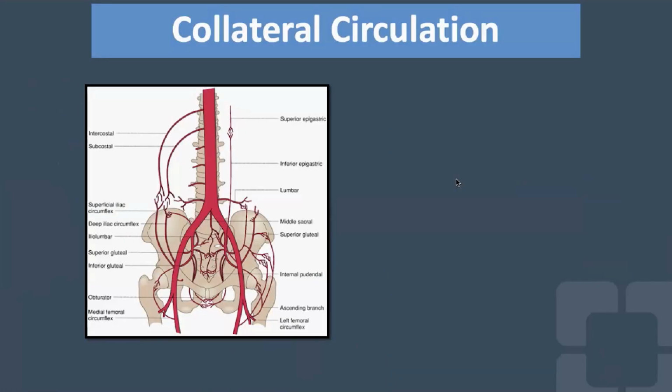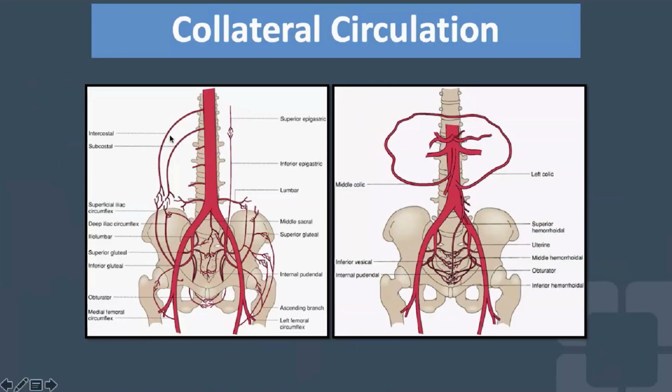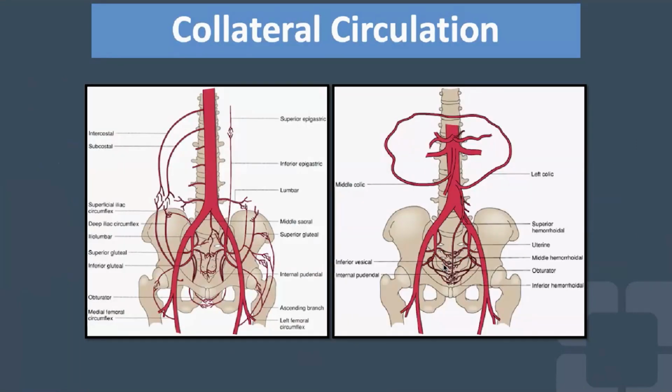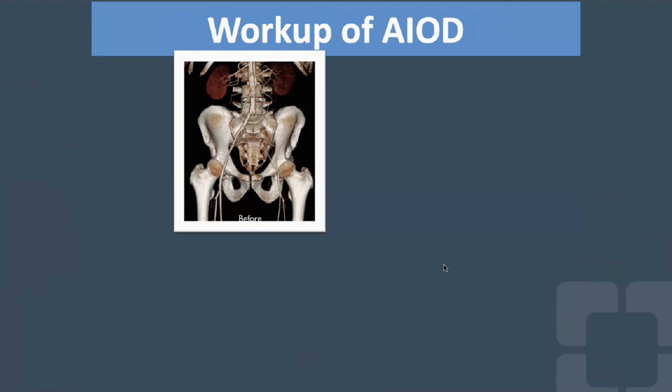That owes to our massive circulation and collaterals, where you can have intercostals, subcostals, these deep iliac circumflexes, these pelvic vessels. These all connect to give us our collateral circulation to our feet when you have aortoiliac occlusive disease.